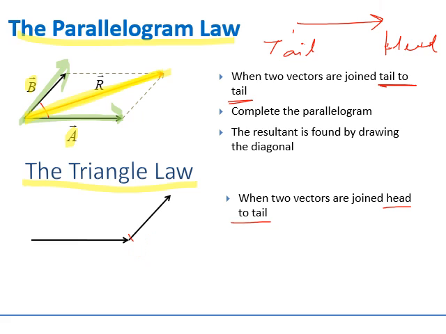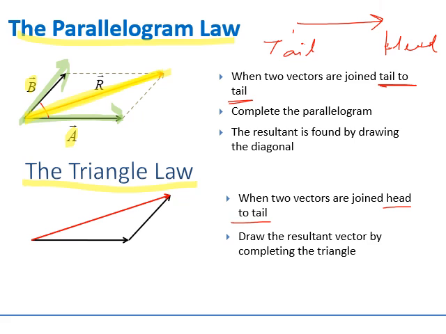So this is how they are joined to each other. Then how will we find the resultant? Draw the resultant vector by completing the triangle. So this third side of the triangle, which is the closing side of this triangle, gives us the resultant of these two vectors A and B.